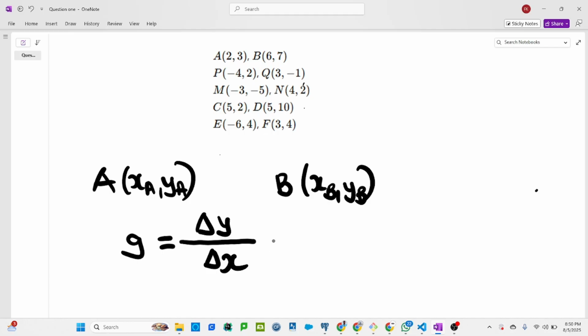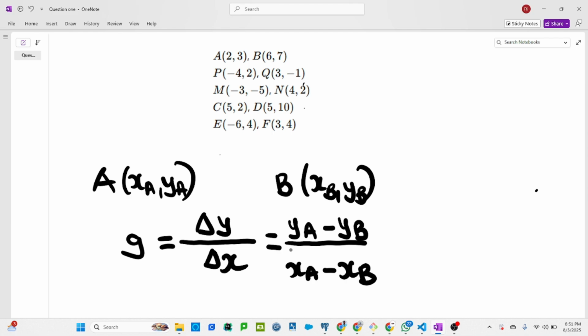So now, how do you make sure that this difference is well catered for? You have y at the top and x at the bottom. If you are doing y of a minus y of b at the top, because you started with a at the top, when you come down you have to start the same way. It's going to be x of a minus x of b.